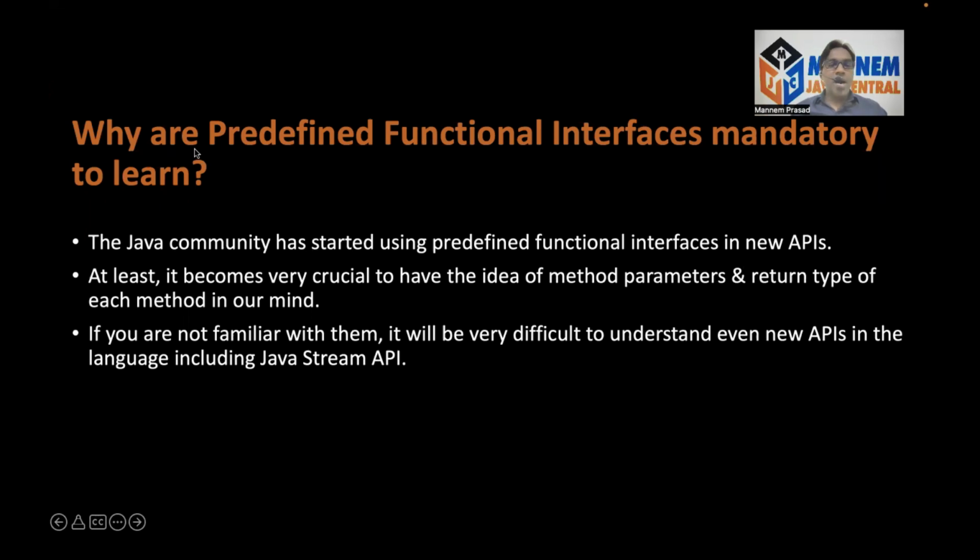The Java community has started using predefined functional interfaces in new APIs. It becomes very crucial to have an idea of the method parameters and return value of each method in your mind. If you are not familiar with them, it will be very difficult to understand even new APIs in the language, including the Java Stream API.